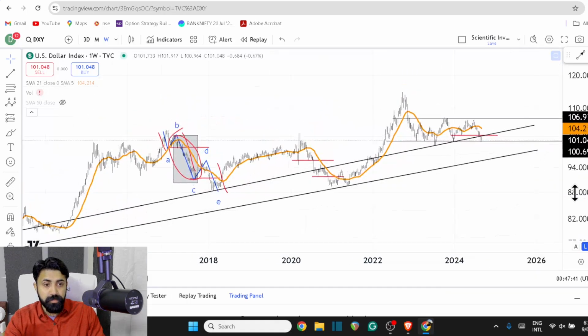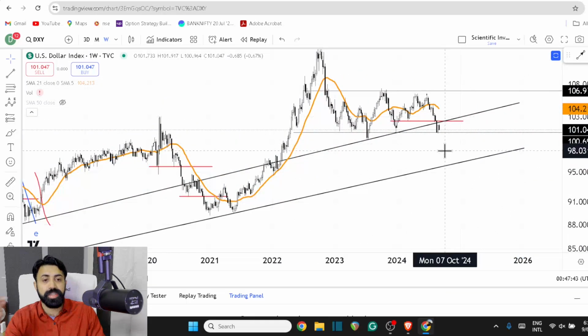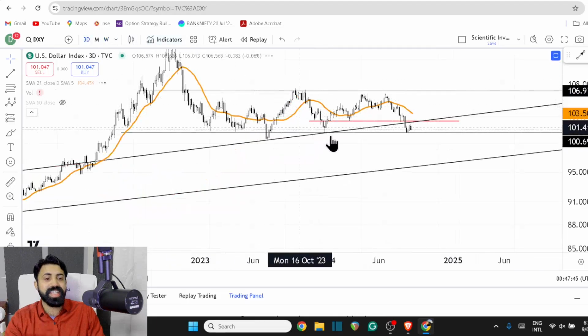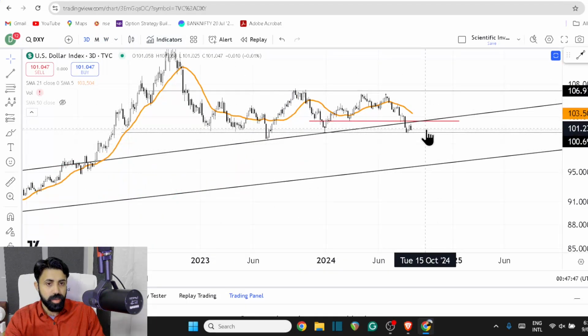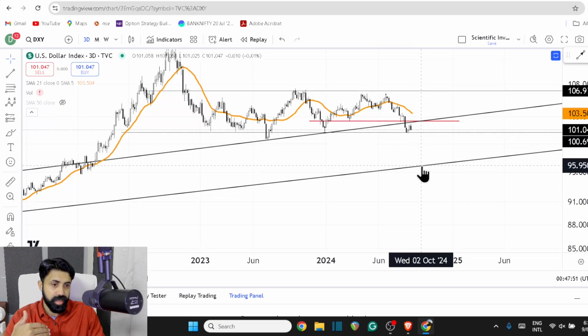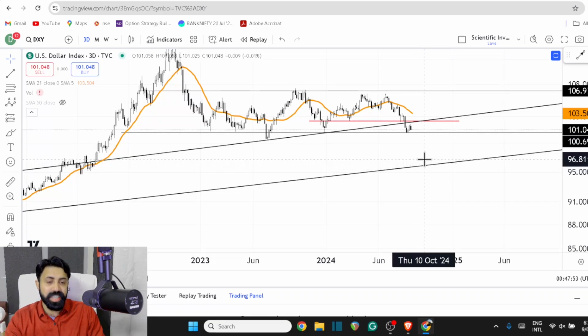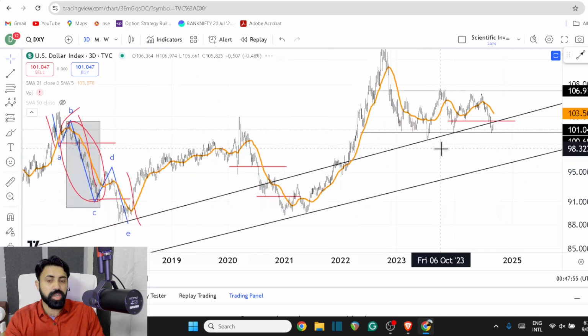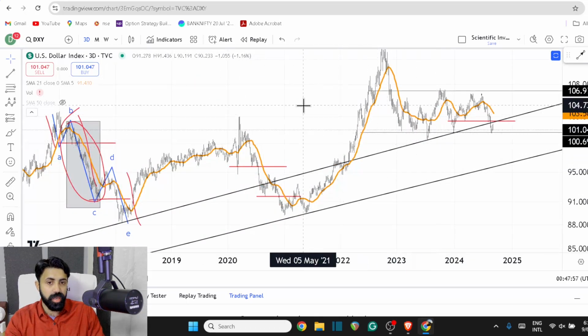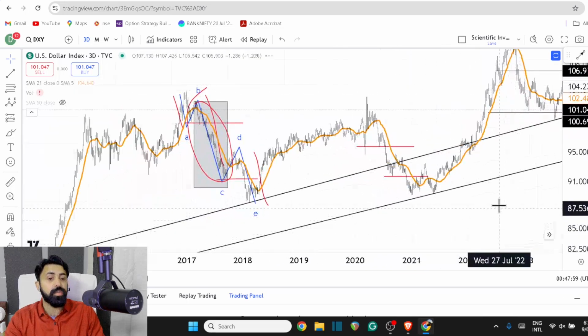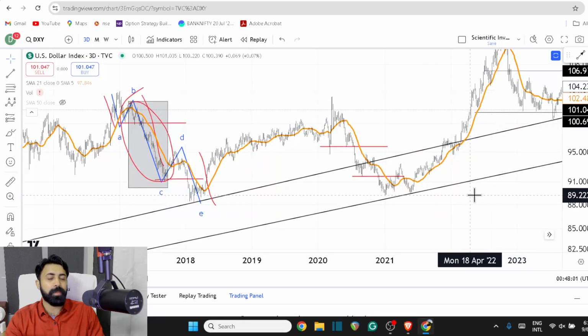And right now, dollar is breaking that to the downside, retesting that and getting rejected, which means a continuation to the downside towards the 95, 96 range is what you may see in dollar, which again would mean you are going to see something big.